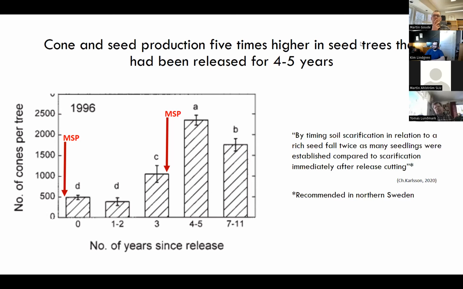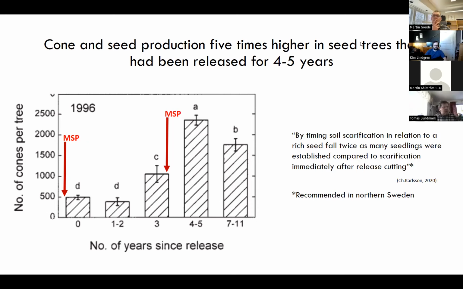So what Christer found is that by timing soil scarification in relation to rich seed fall resulted in twice as many seedlings when the mechanical site preparation was done at least 3 years after the release cut.